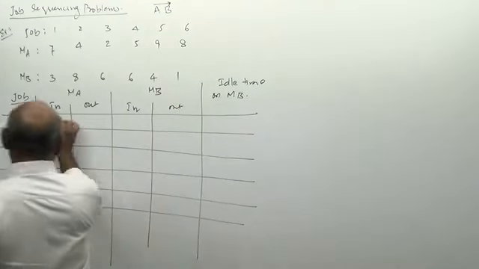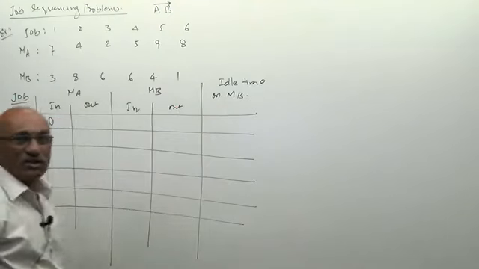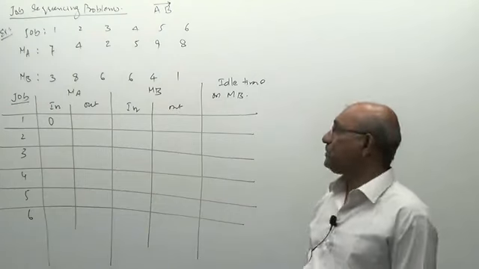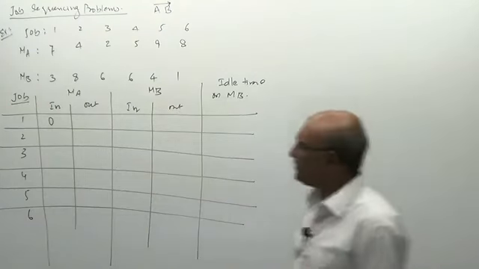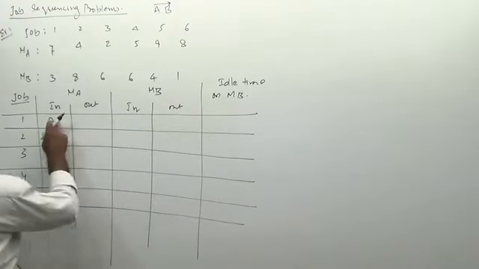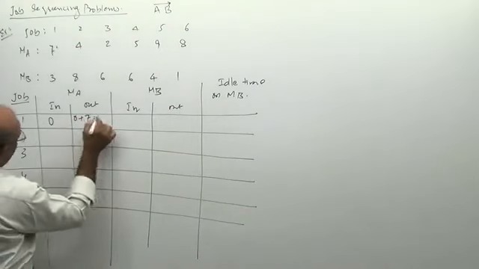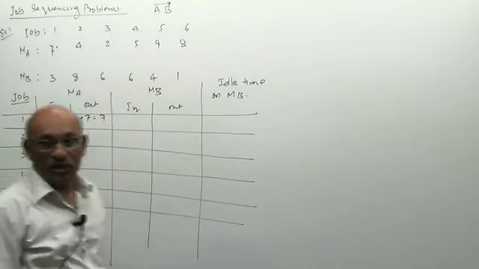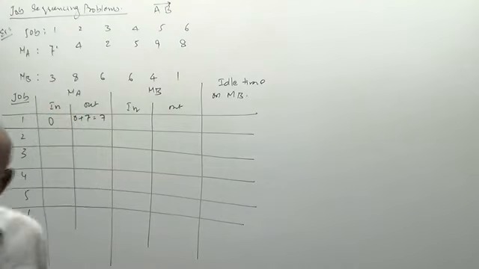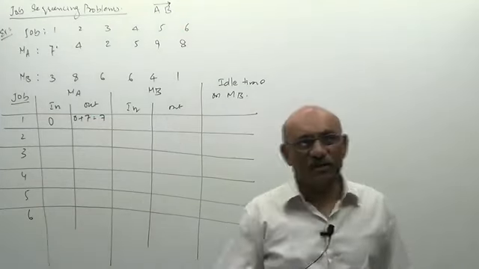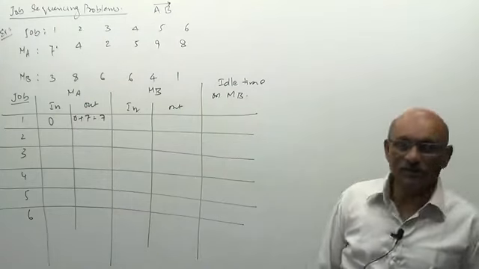So at time 0, the first job will enter into machine 1. To this starting time, you add the time required for processing this job: 0 plus 7 is equal to 7. 7 hours this job will take on machine A, so at the end of the 7th hour it comes out from this machine.